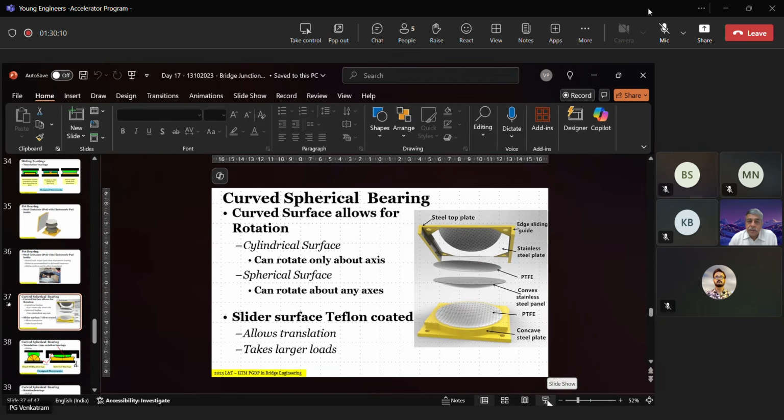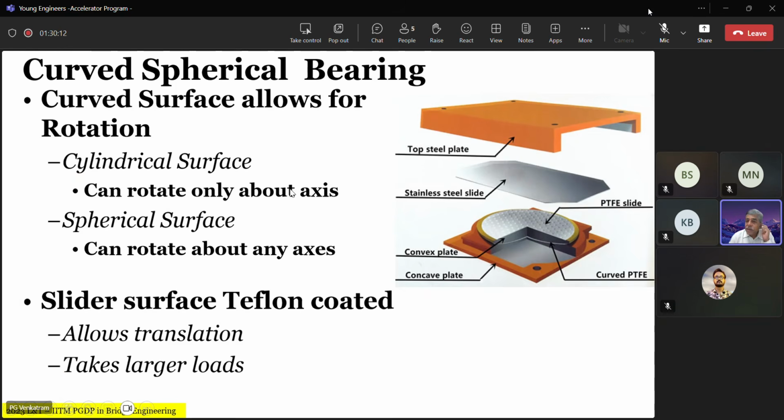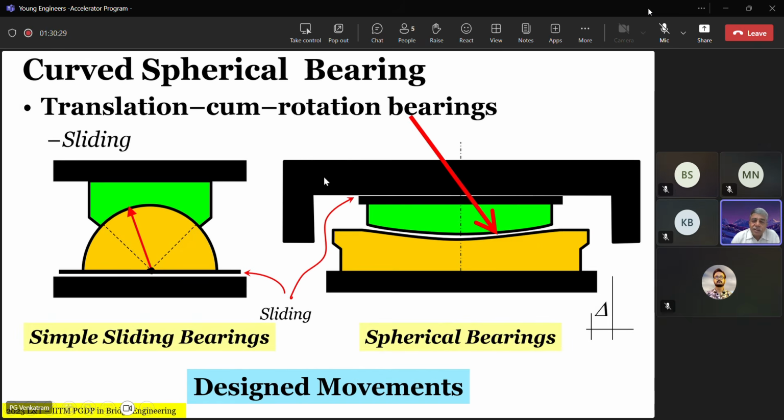So among the three types of bearing, the spherical bearing requires the maximum accuracy in placement. Pot PTFE a little less, not a lot less, but elastomeric bearing you can be a lot more lax. But I'm not saying anywhere you should be lax, but I'm saying if it happens, you are partly saved.